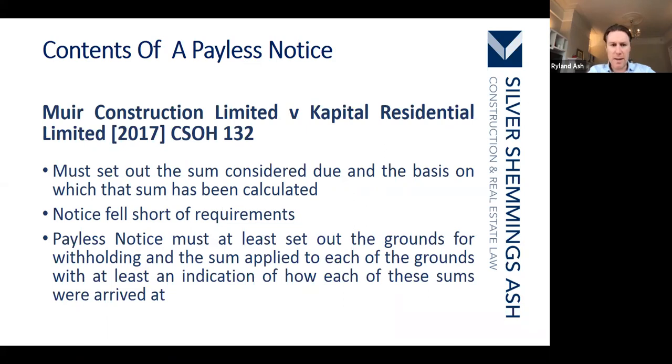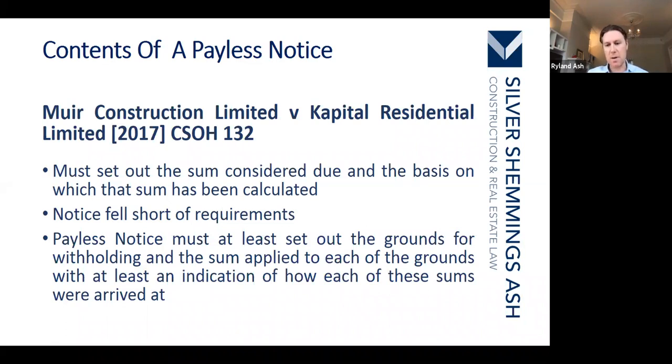And what you really need is an explanation, a breakdown and detail of how you've got to the sum that is stated in your Payless notice. And of course, it has to be in time as well. And by in time, I mean by the last date that it can be issued. And the last date it can be issued is the final date for payment. The number of days that it should be issued prior to that will be determined by the contract.